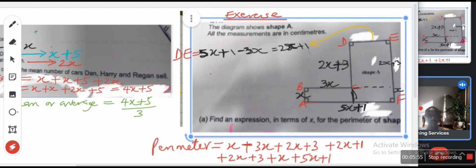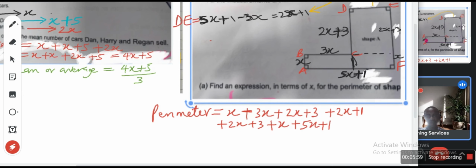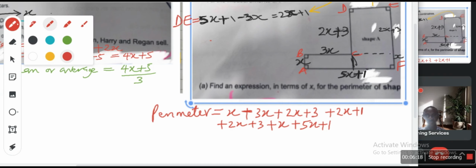F to A, 5x plus 1, all added. If you collect like terms, you're going to have 1x plus 3x plus 2x. We could just add up. 1 plus 3, that's 4, plus 2, 6, plus 2, 8, plus 2, 10, plus 1, 11, plus 5, 16. That's 16x.